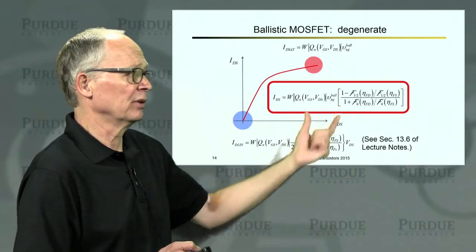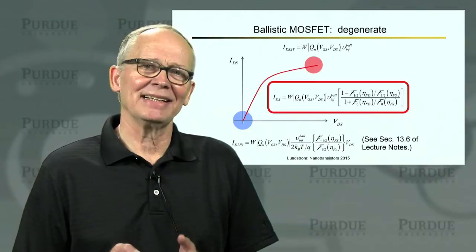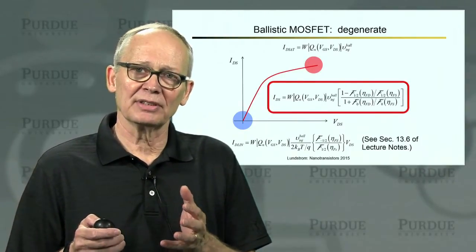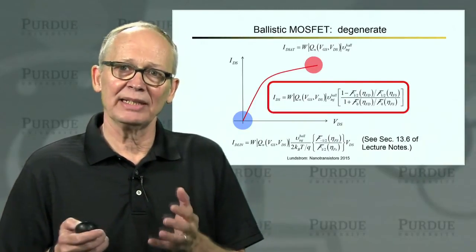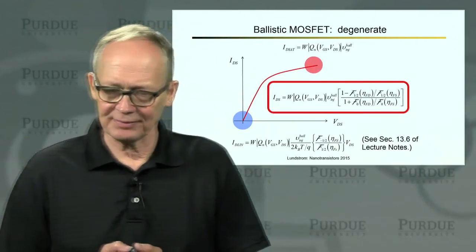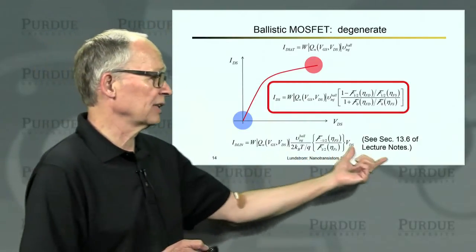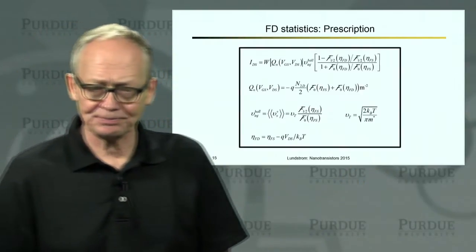We get a general expression that involves Fermi-Dirac integrals. The same basic ideas apply, it just gets a little more difficult to see them with these Fermi-Dirac integrals. Things look more complicated, but really it's just as simple as the non-degenerate case. If you're interested in seeing more discussion about that derivation, you should consult the lecture notes.